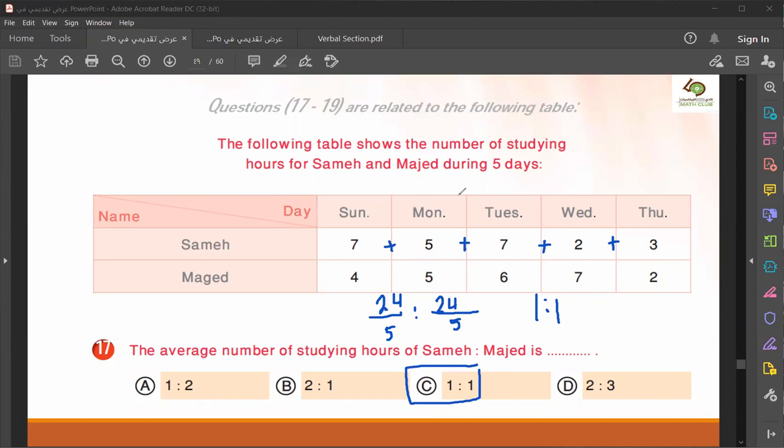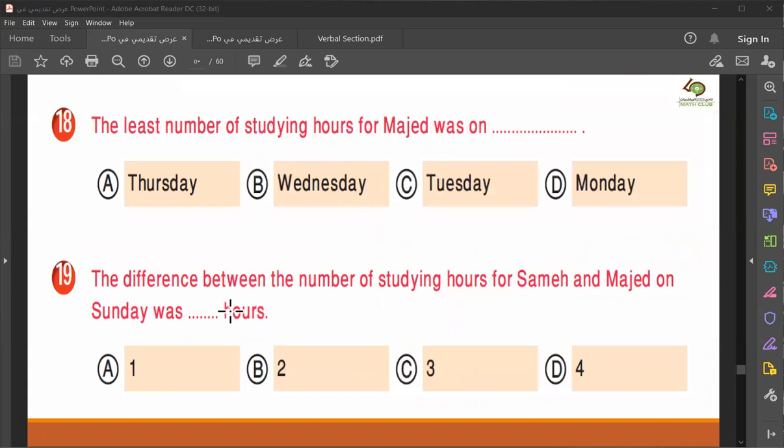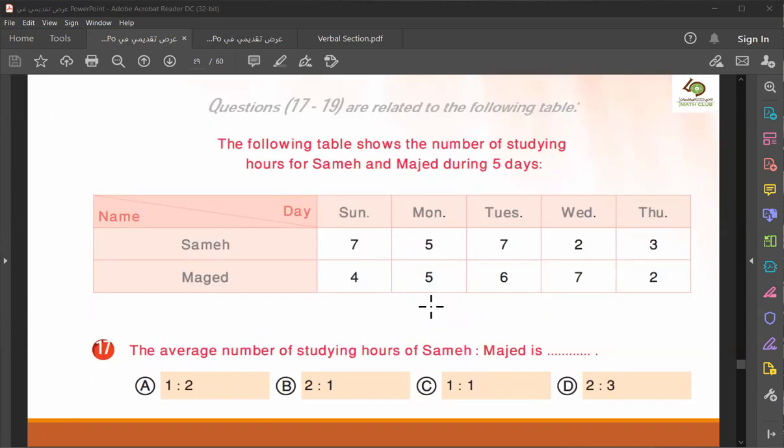Do you know how to find the average, my student? Yes, right. Good. Okay, what about number 2? The least number of studying hours for Majid was what? What is the least number Majid studied?